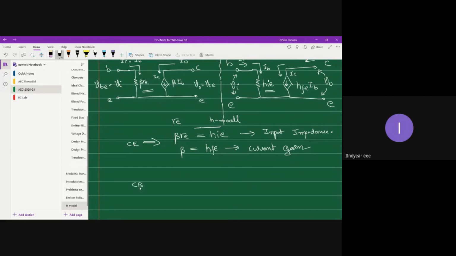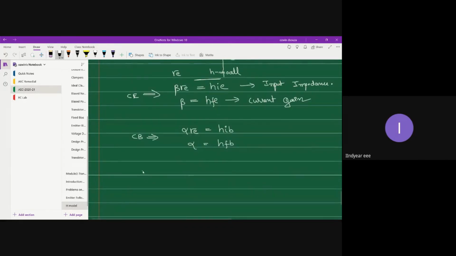On the other hand, if you had taken CB configuration, instead of beta RE you would have had alpha RE, and that alpha RE you would have compared with HIB. And alpha would have been your HFB. This is for common base configuration.